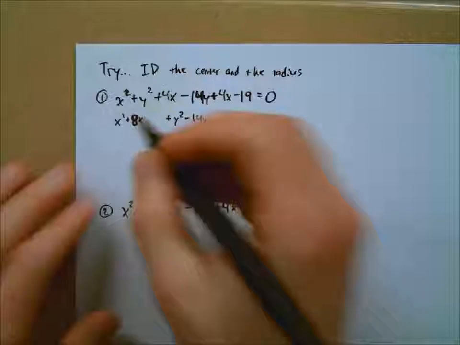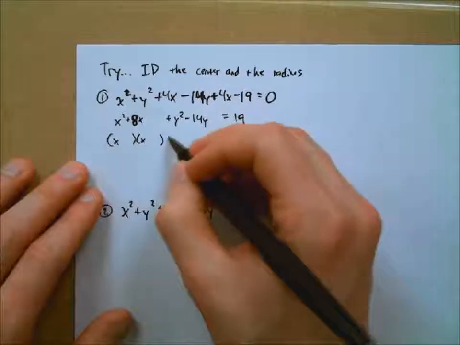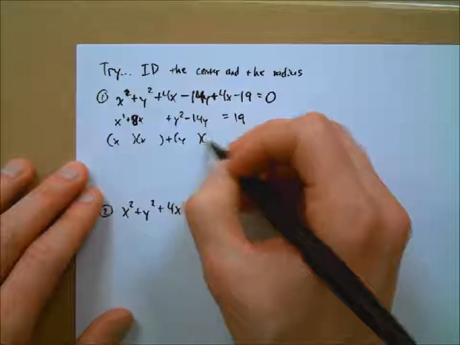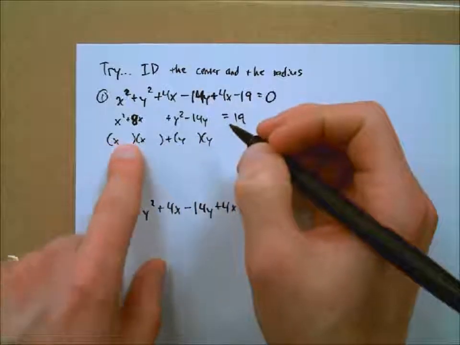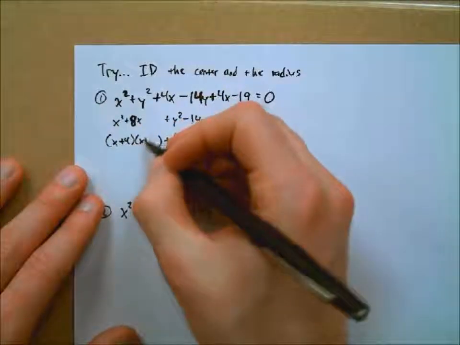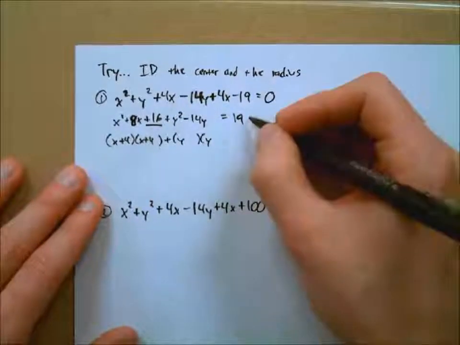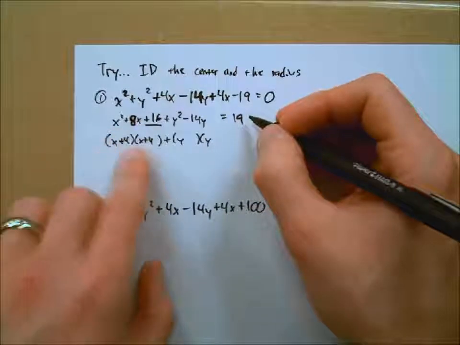So when we go to complete the square here, it's going to be x. What number goes in here? 4 plus 4 and plus 4 there. And so we'll add in 16 to make that factor correctly there. So we complete the square with that.